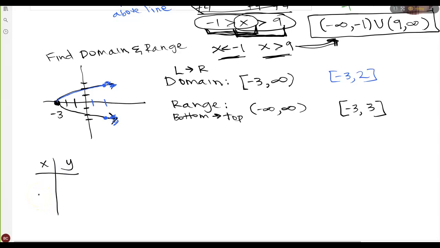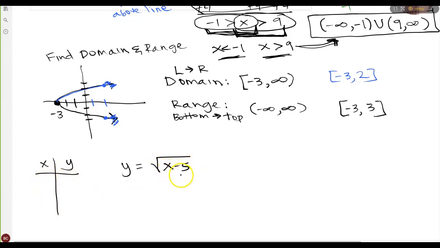So if you had something like y equals the square root of x minus 5, I want to choose values for x and values for y.